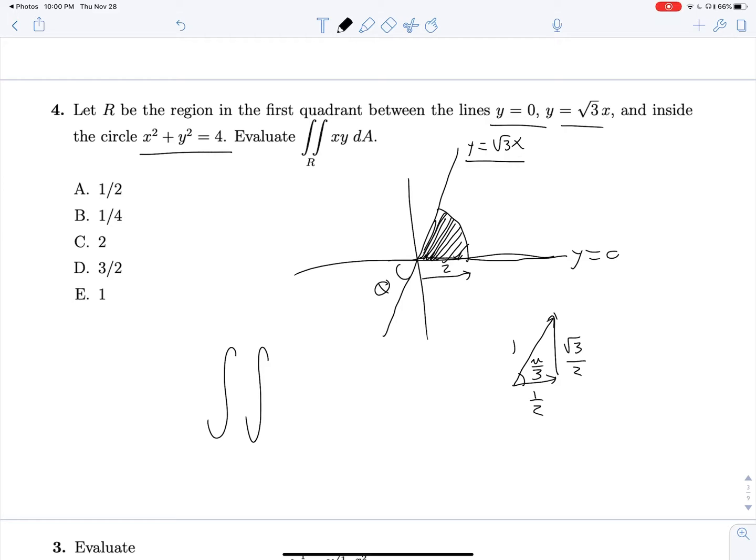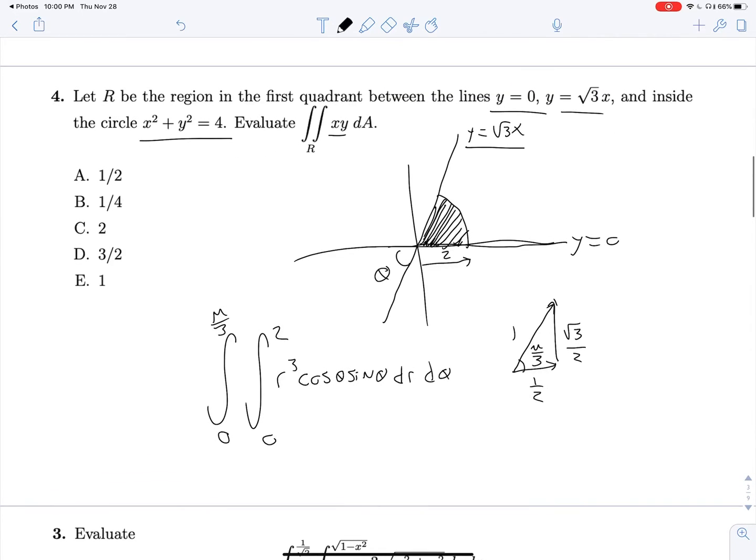So now we can set up our integral. We want to integrate xy, so that's going to make our entire integral r cubed cosine theta sine theta dr d theta. Theta runs from 0 to pi over 3, and r runs from 0 to 2.